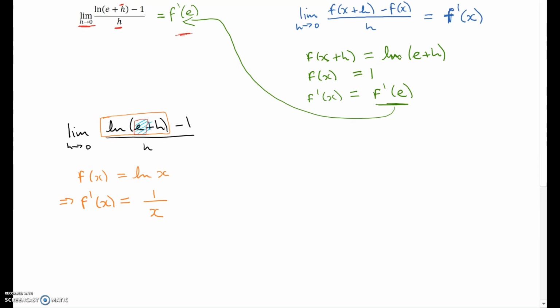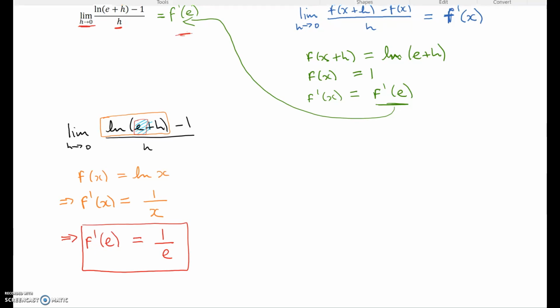So we're going to actually find f prime of e is 1 over e. And that is the question solved. The limit of the log of e plus h minus 1 over h is actually asking us to find the derivative of the log of x when x is equal to e. It's a little bit strange, but that's what it comes down to.